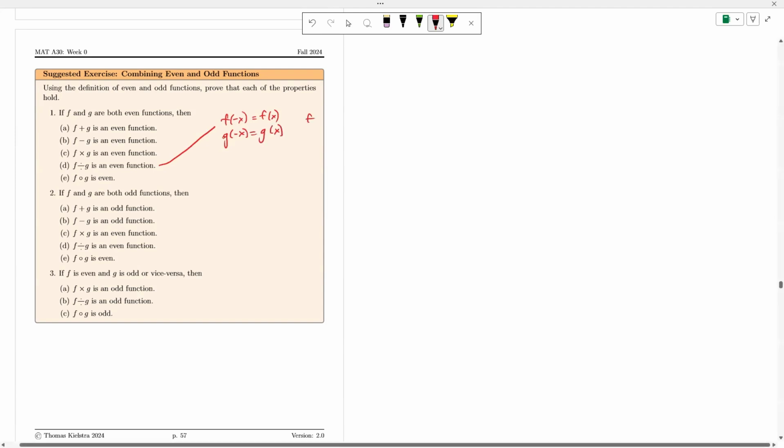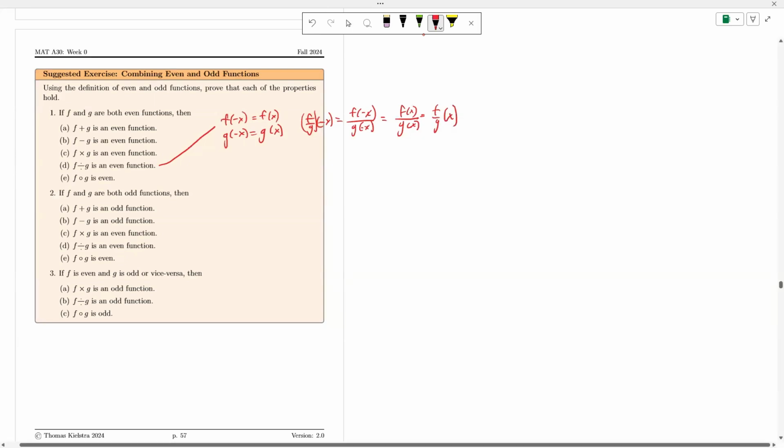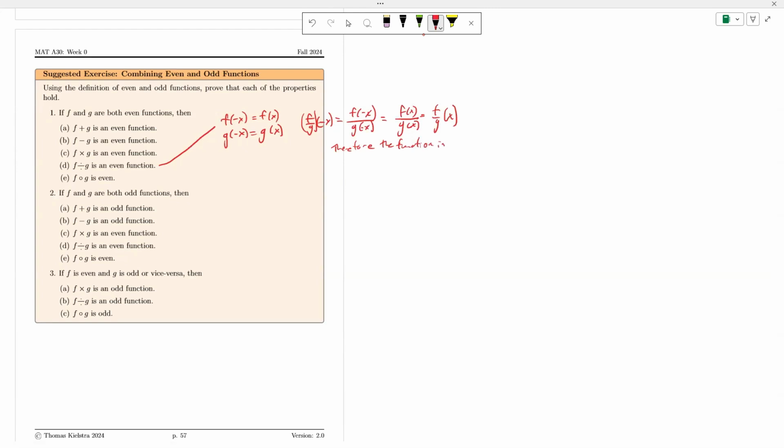Well, f divided by g of minus x equals f of minus x over g of minus x, which, using our definition here, equals f of x over g of x, which equals f over g of x. Therefore, the function is even.